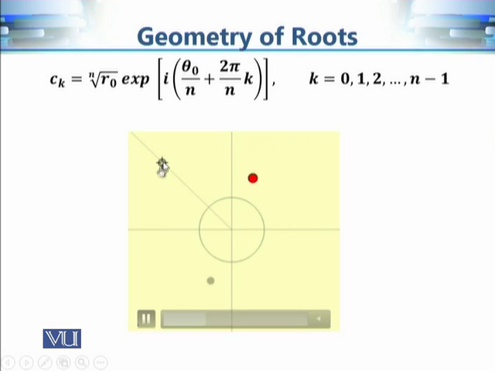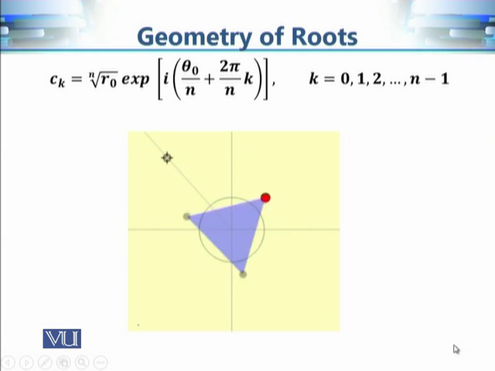If I change the complex number, these two numbers will change, but they will always be at the opposite ends of a line. Similarly, cube roots of any complex number lie at the 3 vertices of a regular triangle. When n is equal to 4, they are the vertices of a square.